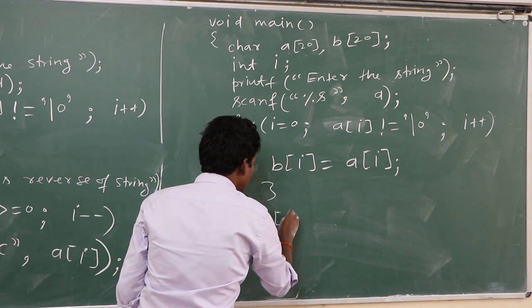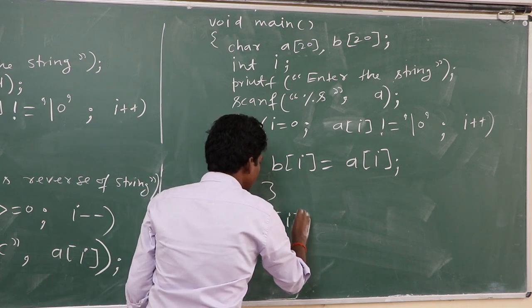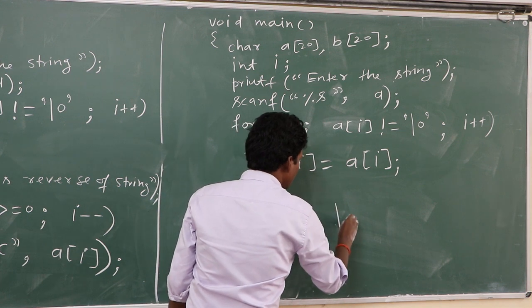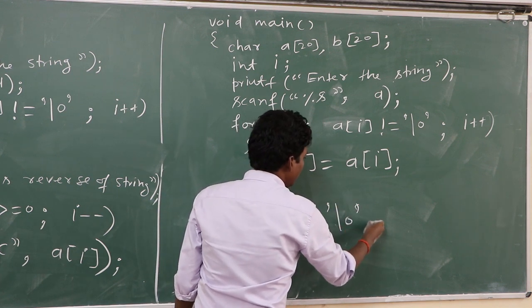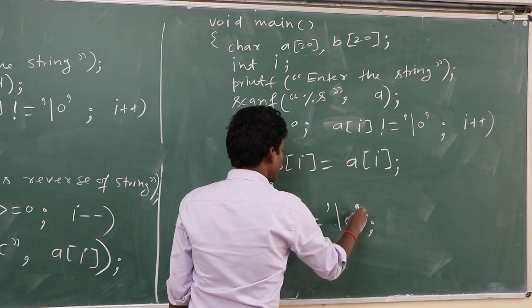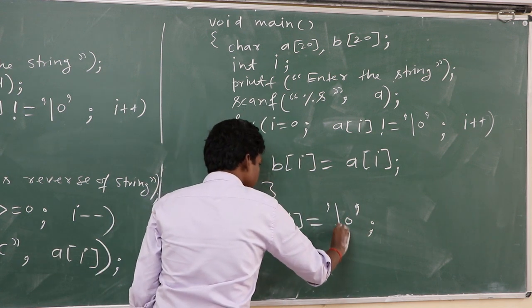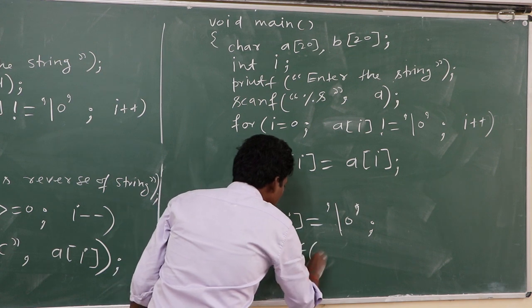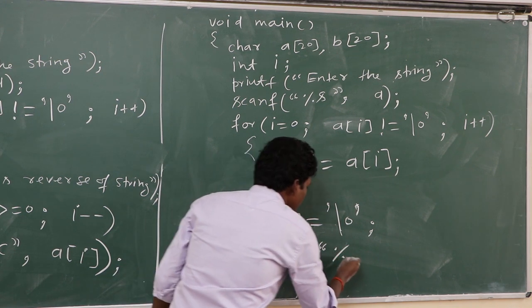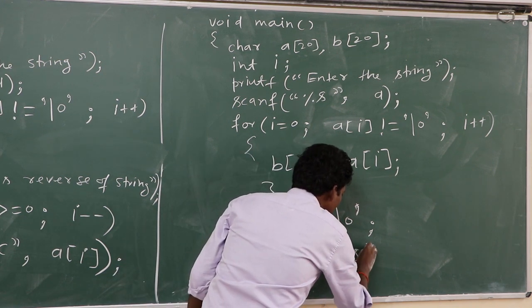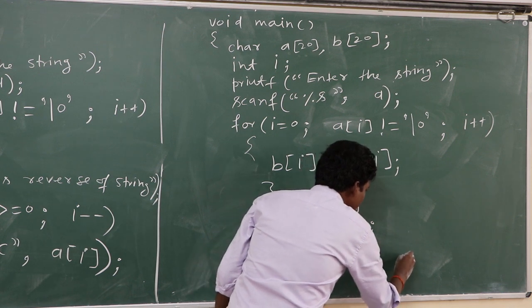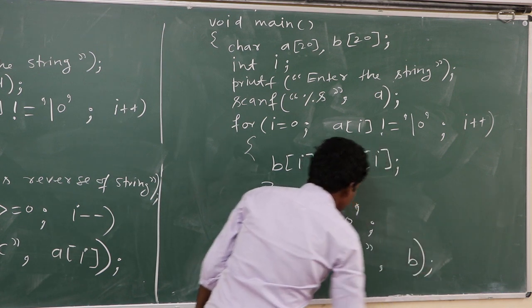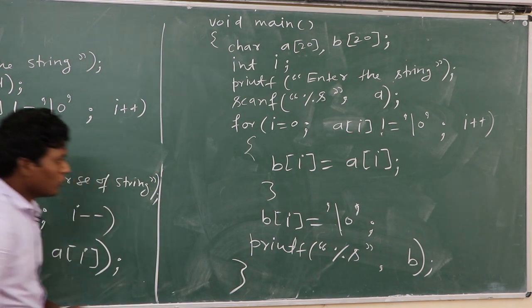And B of I equal to null character. Okay. Printf %s b, and this is the main is closed.